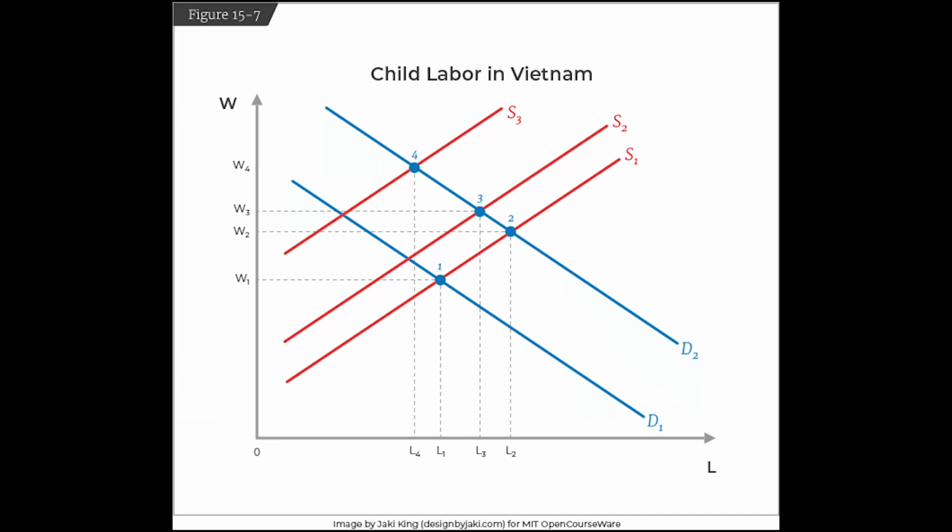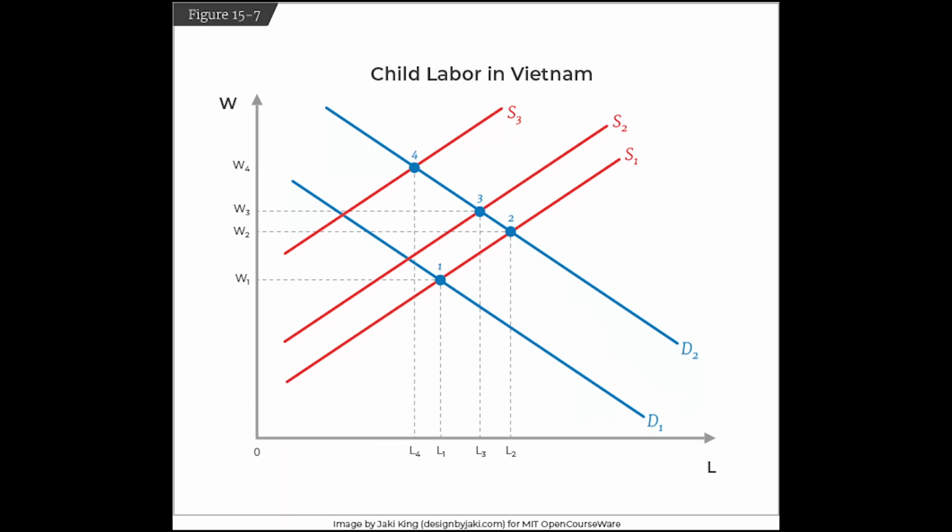That's bad. But what this ignores is families are now richer. And with the income effect, they will buy their kids' education. They'll pull their kids out of working and put them in school. That's represented as a shift to the left of the supply curve. So we move from point 2 to point 3 through the income effect.